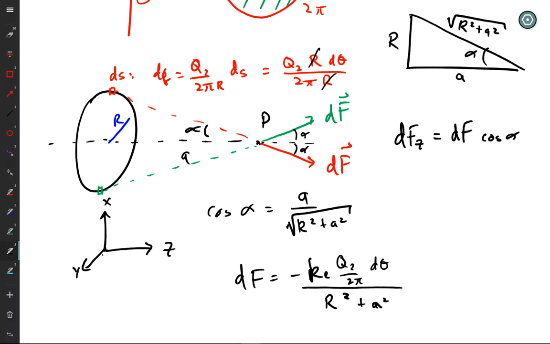So on the bottom, I have the square root of R squared plus A squared, quantity squared. Let me make it clear. The hypotenuse is the thing in parentheses, and then I squared it. So there's df. If I want dfz, I just have to multiply that by cosine alpha, which is that constant there.